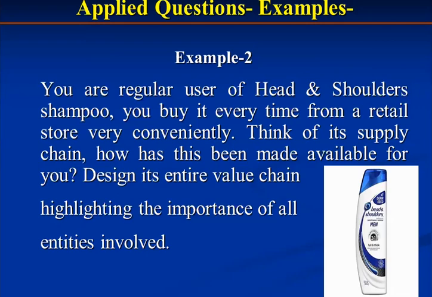So you would practically start thinking, so this is how the shampoo was traveling from that point to this step. So this was the entire value chain. And I have been purchasing this shampoo since many years, very conveniently around me. So your approach is different now, responding to this question.